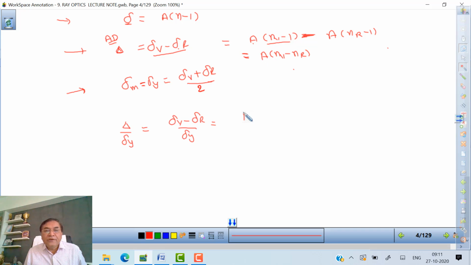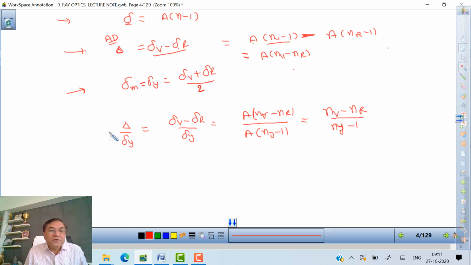If you put the values, A (nV minus nR) upon A (n yellow minus 1), A is cancelled. So n of violet minus n of red upon n of yellow minus 1. So this is dispersive power. Okay.